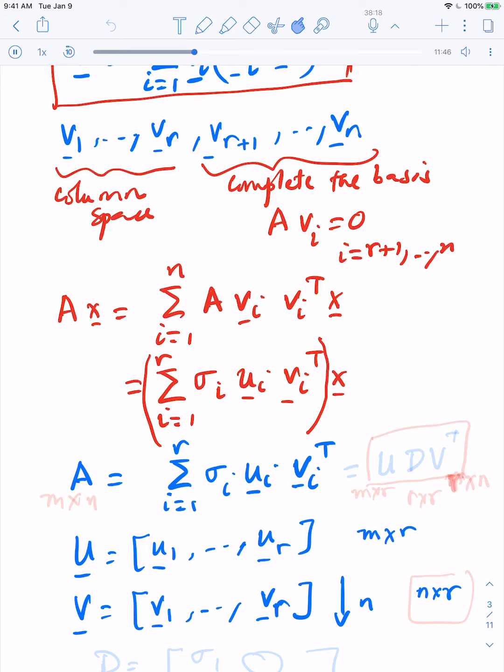Now I can see that A is equal to U times a diagonal matrix times V transpose.